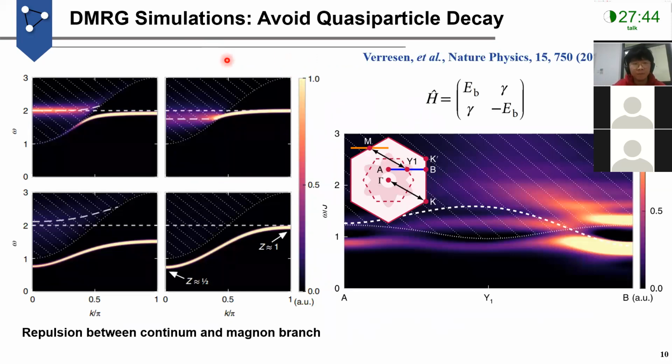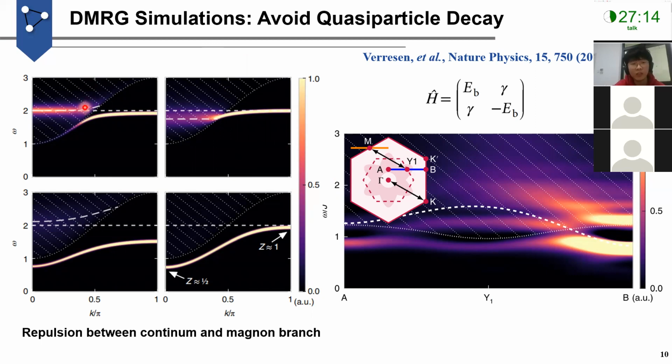Because the experimental finding is that the magnon branch is actually very sharp without decay, another scenario beyond the perturbative method, based on the density matrix renormalization group, was proposed, which avoids quasiparticle decay, to explain the second roton minimum around the endpoint. The picture is as follows. Suppose a single energy level penetrates into the continuum.